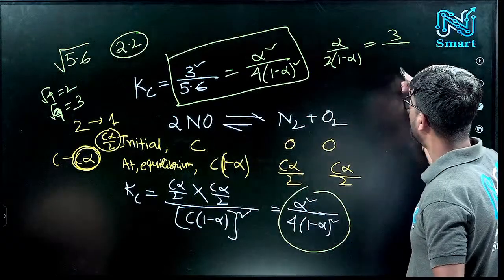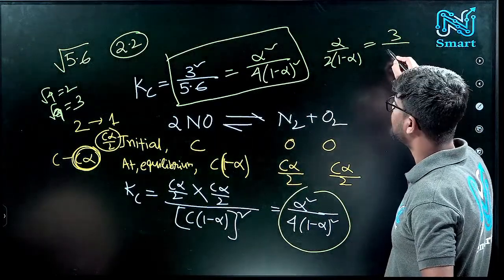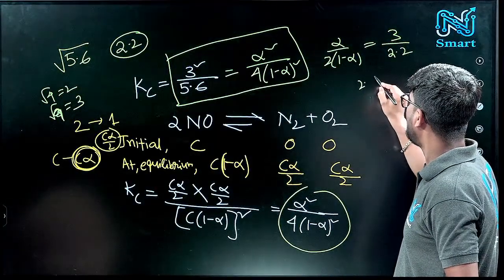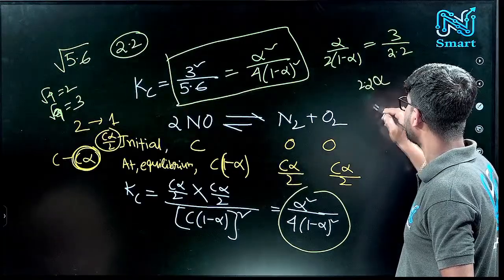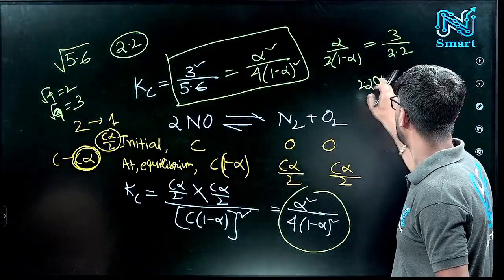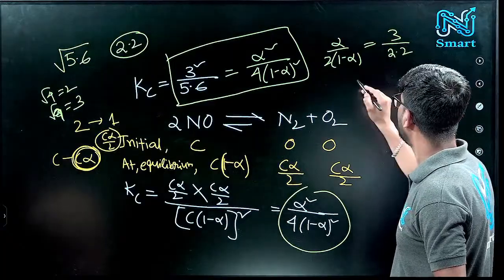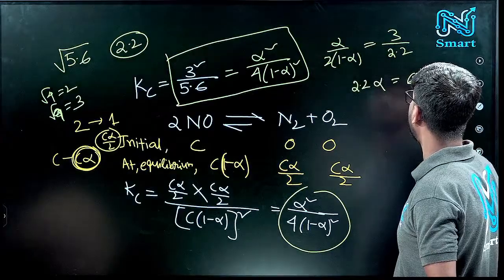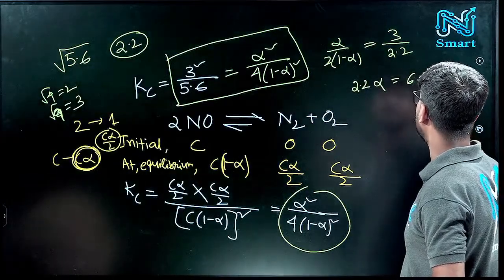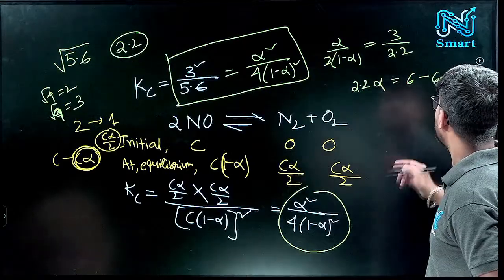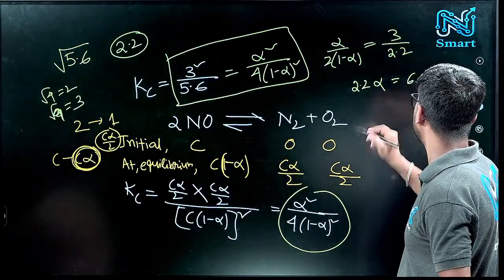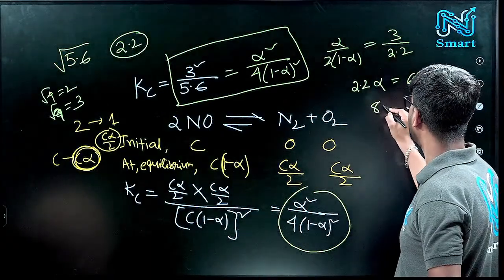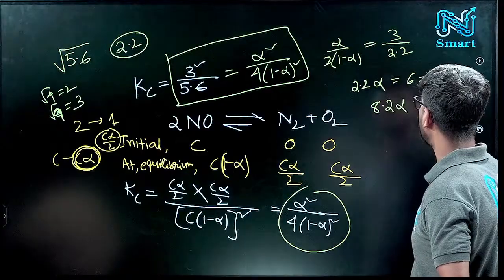Now let's put the value. So here I am writing 2.2, so that means 2.2 alpha. From this we can write 2.2 alpha equal to 6 minus 6 alpha, correct? So if it comes to this side, we get 8.2 alpha equal to 6.